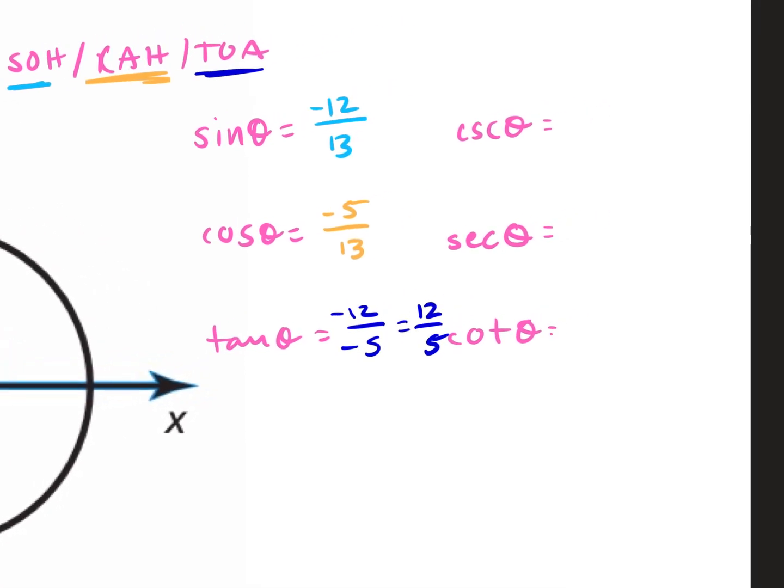All right, and then let's do our reciprocal ones. What would cosecant be? 13 over negative 12. What would secant be? 13 over negative 5. And cotangent? 5 over 12. Perfect. So these are our 6 trig functions.